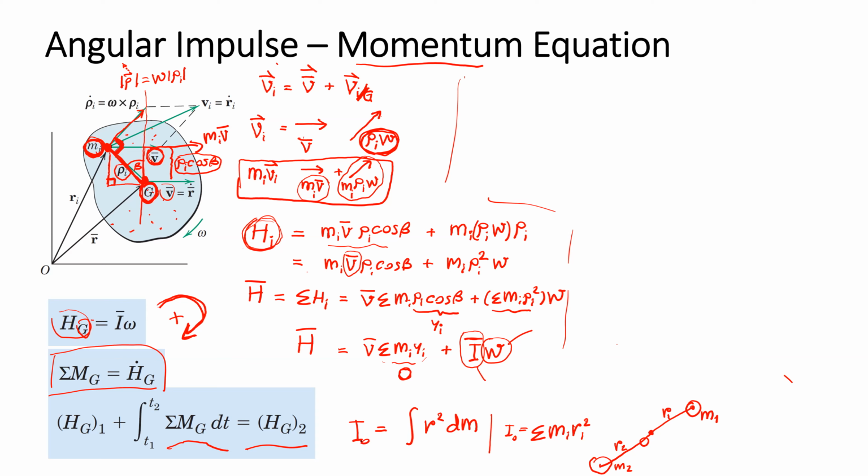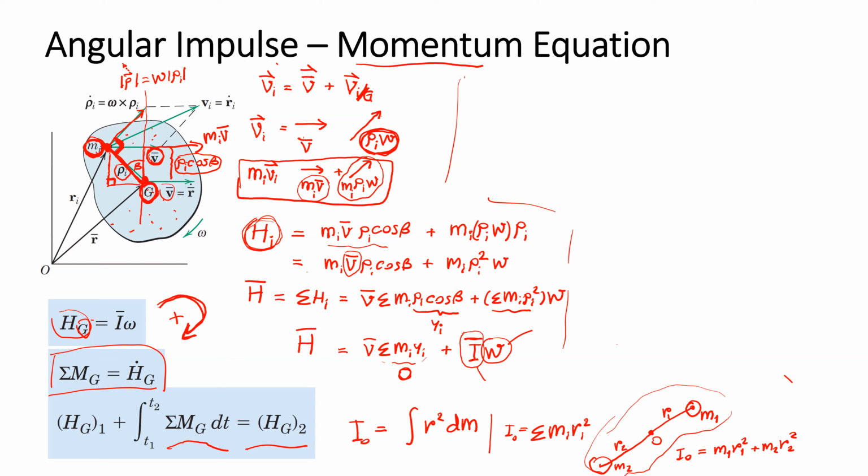The moment of inertia about point O in this example is equal to mass 1 multiplied by the radius 1 square plus mass 2 multiplied by the radius 2 square.